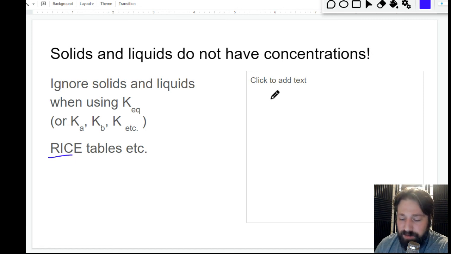Rice tables are going to be kind of the new way we're doing problems. It seems like every time we have a new unit, there's a new way of thinking about math. So rice tables are going to be the equilibrium version of math. I'm going to go into that after spring break, so I'm going to give you guys a bit of a reprieve. All right, so I will see you guys later.